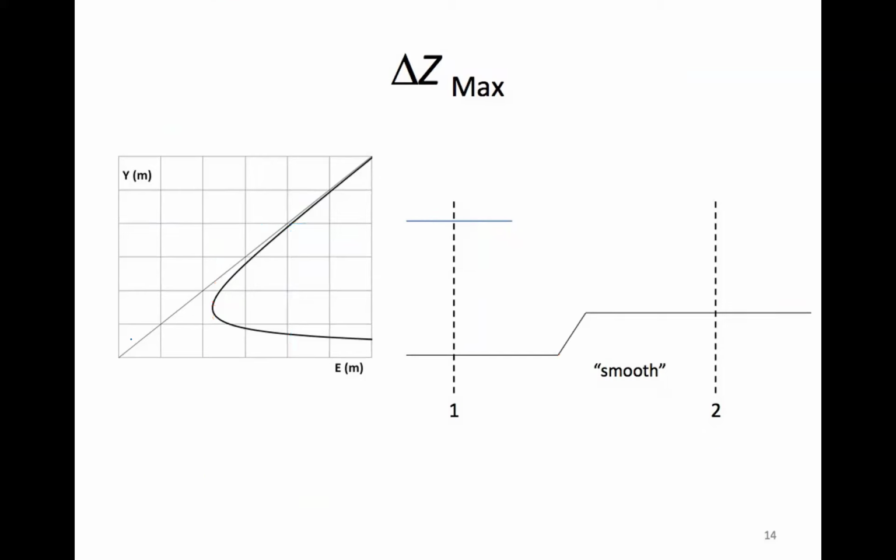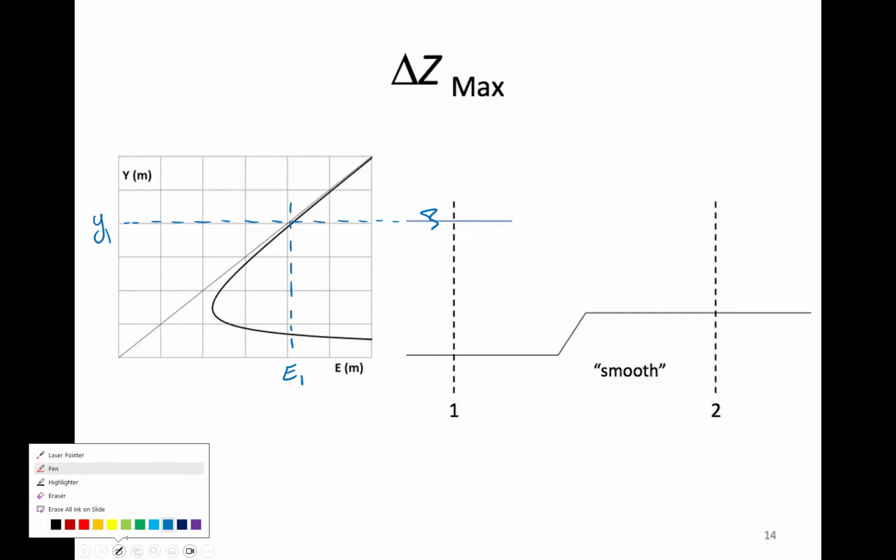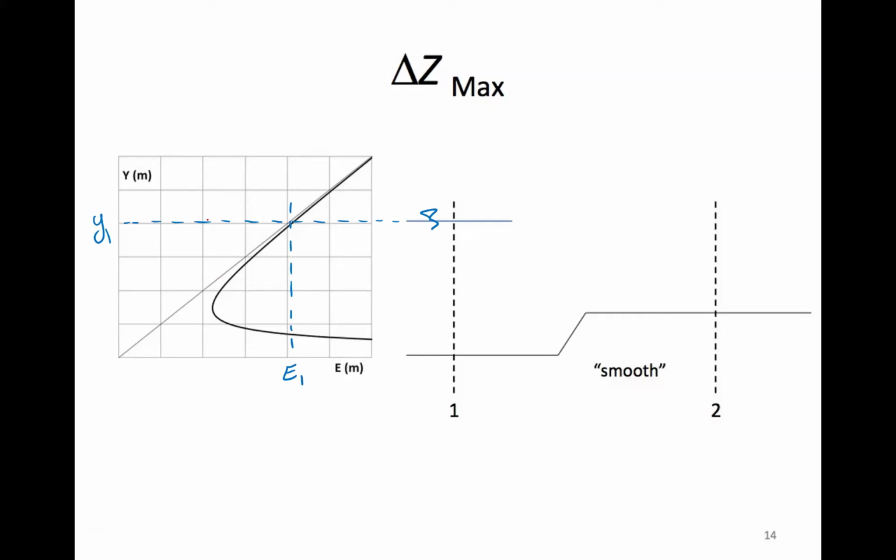So to summarize this, we started with upstream water level up here, and this translated to a depth of Y1 upstream and specific energy of E1, again, energy upstream. And we moved to the left by how much? By this much, so that we end up at EC. What is that distance?